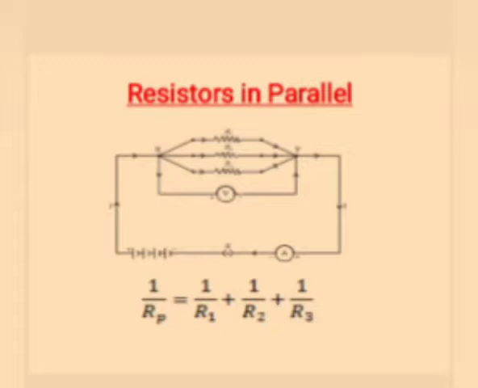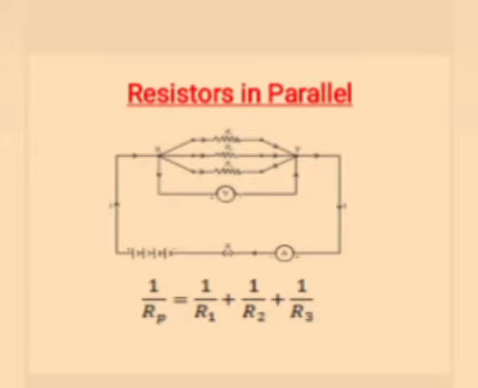Negative end of the voltmeter and the resistors are together joined to the positive end of the ammeter. Negative end of the ammeter is connected to the plug key and it is connected to the negative end of the battery. There is an arrow mark. It shows the direction of current. Current flows in which direction?